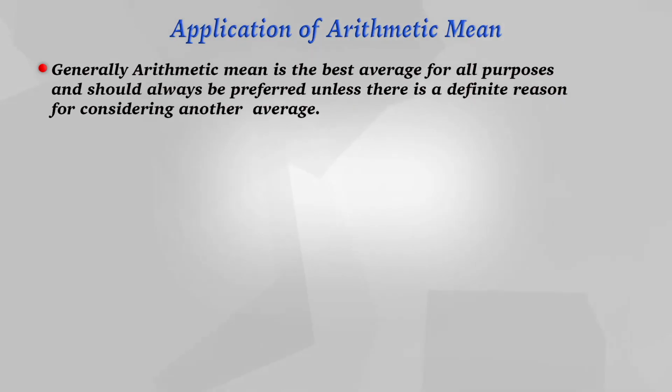So, these are the examples we have considered of missing frequencies. Now, we come to the applications of arithmetic mean. Generally, arithmetic mean is the best average for all purposes and should always be preferred unless there is a definite reason for considering another average.